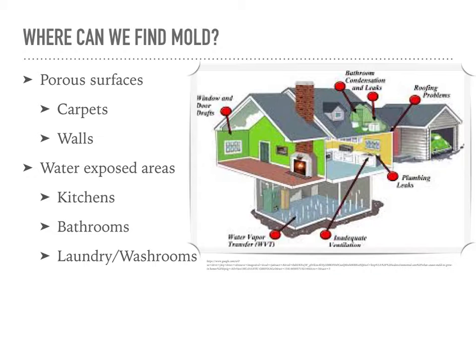Also, water exposed areas, such as in the kitchen where you're washing dishes, the bathroom where there's a shower or bath, and then the laundry or washroom, where there can be condensation from the dryer itself or from steam within the bathroom or the kitchen, just warm water running.